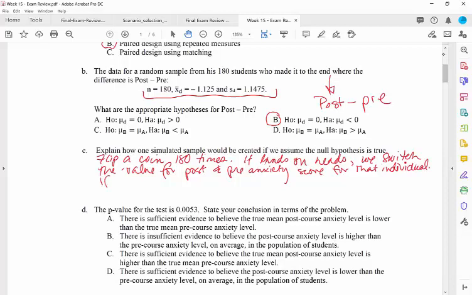If it lands on tails, we'll leave the same. So we don't change anything.